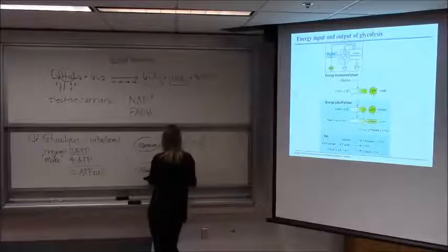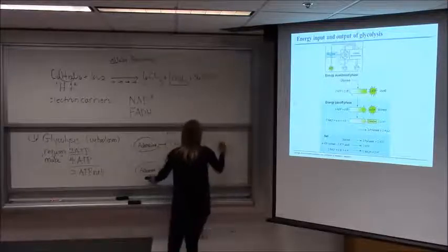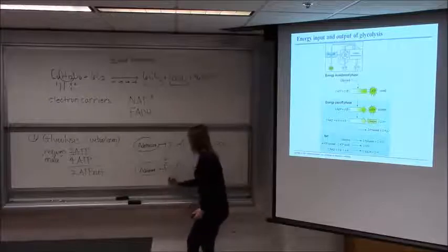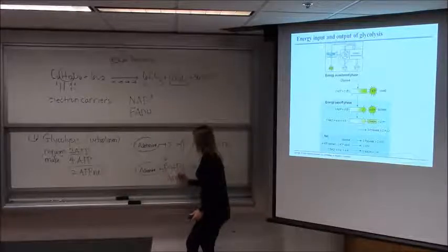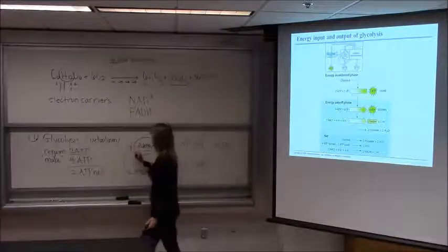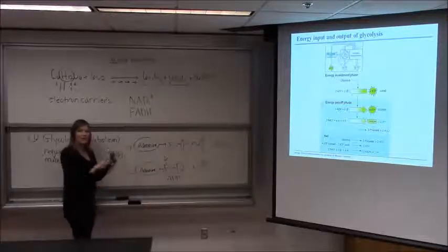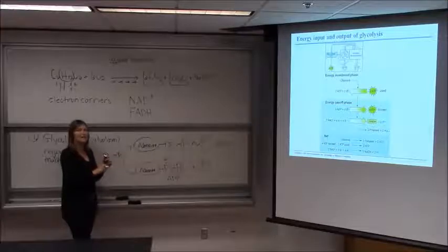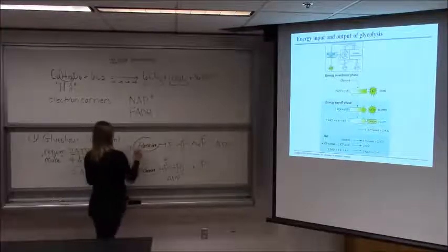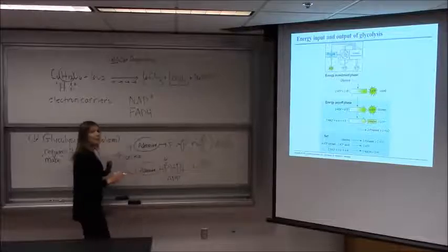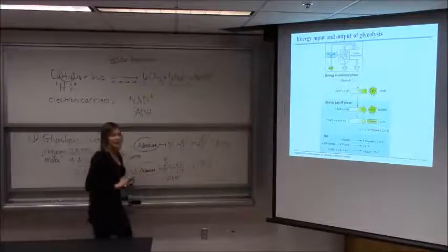What we're doing in cell respiration is we are rephosphorylating ADP to become ATP again. We're going to put that last phosphate group back onto ADP to regenerate ATP. That's what cell respiration is going to do. So when we say we're making ATP, we're not making it from scratch.